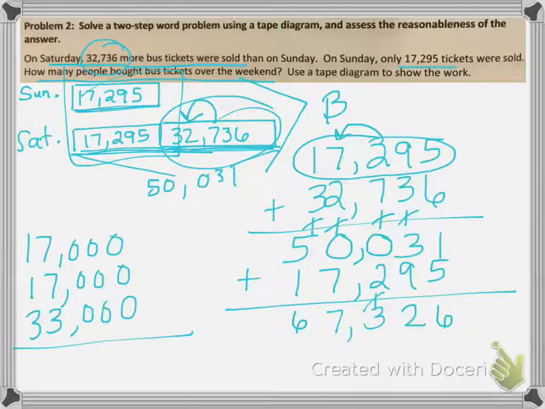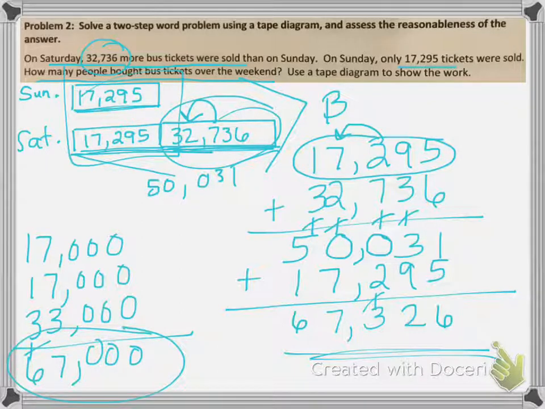Let's see what our answer would be. This is checking our reasonableness to see if this answer makes sense. 0, 0, 0. 7 plus 7 is 14, plus 3 is 17. Regroup the 1. 1 plus 1 is 2, plus 3 is 5, plus 1 is 6. So we get an estimate of about 67,000.